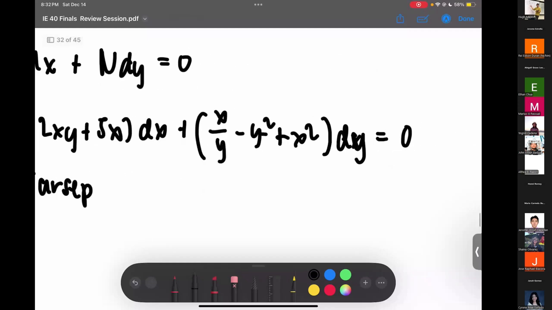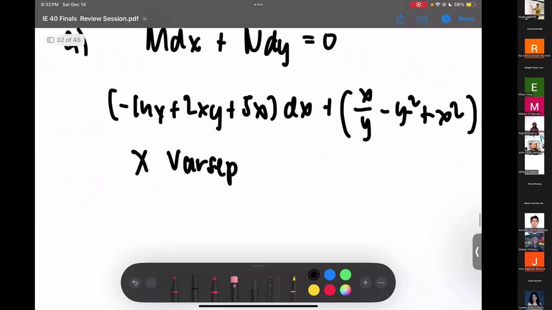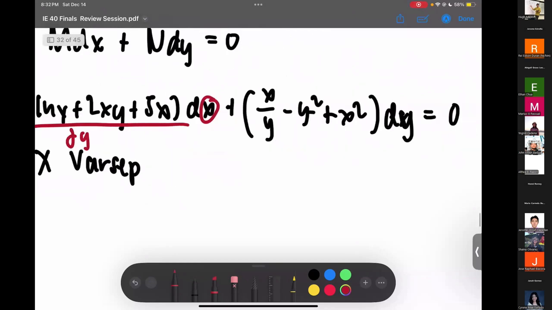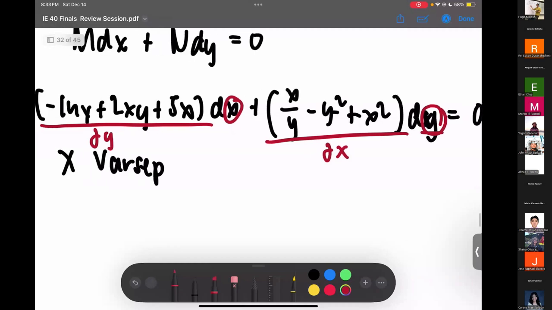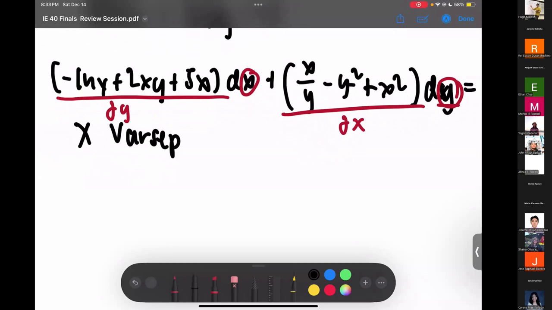as we've proven. So let's now test if it's exact. So this, para di kayo malito sa exact, it's the term with dx yung i-differentiate mo with respect to y, and it's the term with dy yung i-differentiate mo with respect to x. This is analogous to yung potential function in Math 23, in case you guys are more comfortable with that concept.